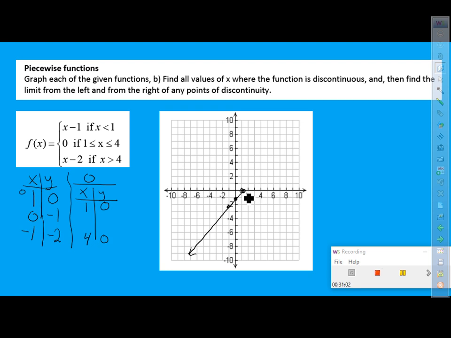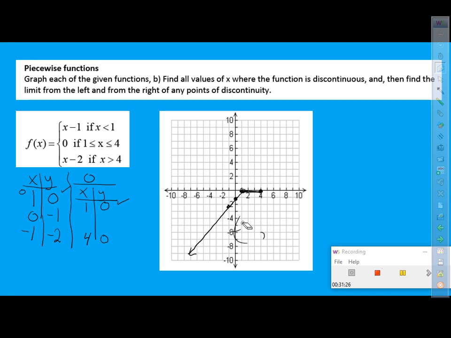Now I'm going to color that in. And I'm going to go to 4, 0. Closed dot there. So here's the next piece I have. Guys, it doesn't seem important, but it was an open dot and I just closed it. So far, my graph is continuous from negative infinity to 4. So far.